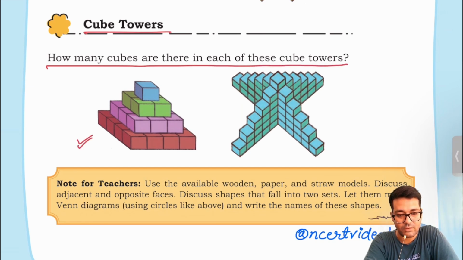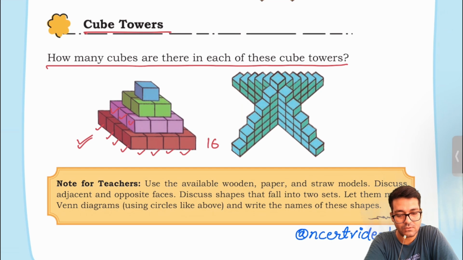In the first cube tower, you can see 4 cubes in rows and 4 cubes in columns, that is 4 into 4, that is 16. 16 cubes at the bottom.